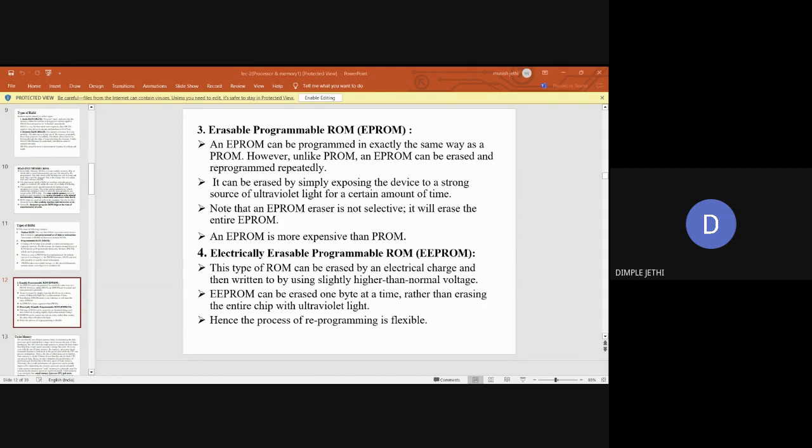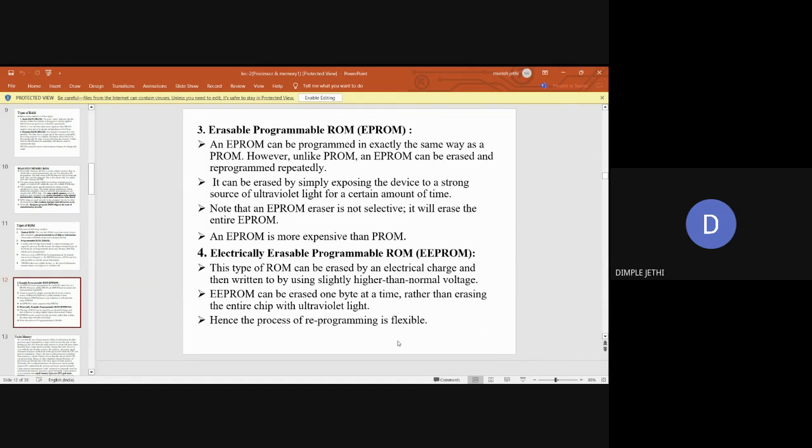In EPROM, you will have to erase the entire data and rewrite the entire data. So there is no flexibility to go and change only a selected area. Obviously, because more flexibility is given to the user to rewrite it as many times as you want, this is more expensive than PROM.